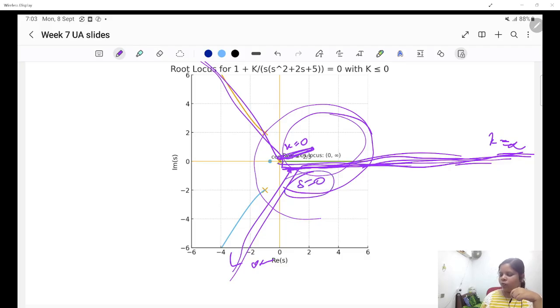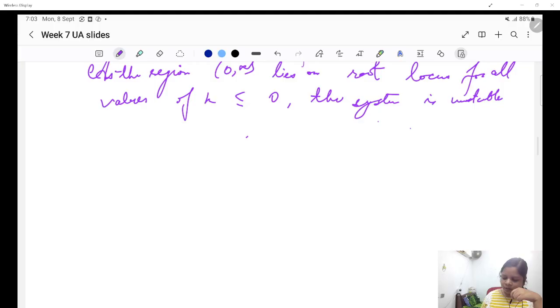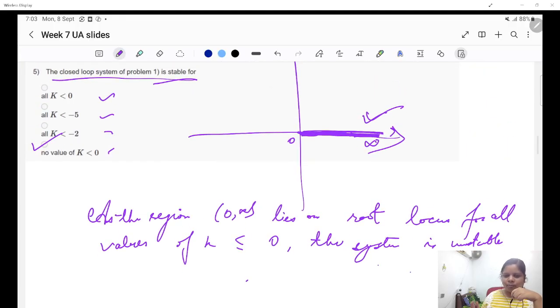So as we move along increasing the value of k from 0 to infinity, which is taken here by the process we take, which is minus infinity to 0. So there is no value of k. Question, ma'am, in the question it is given the problem is stable for k less than 0, that is negative, it is unstable, no.